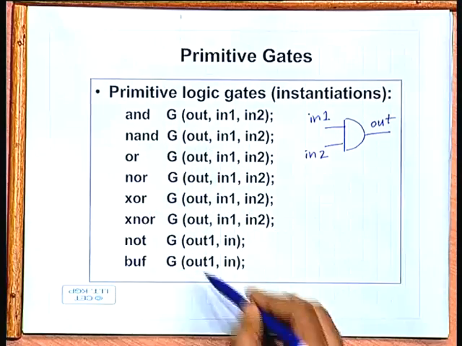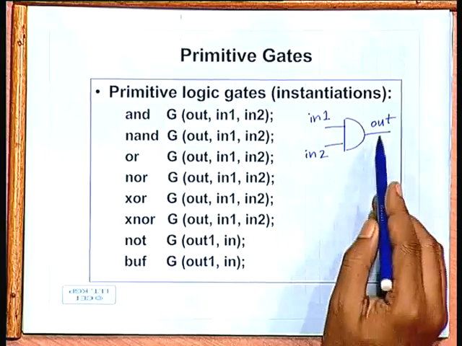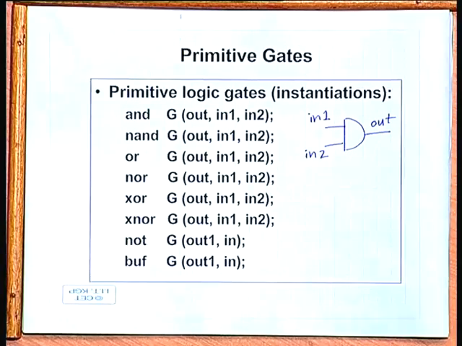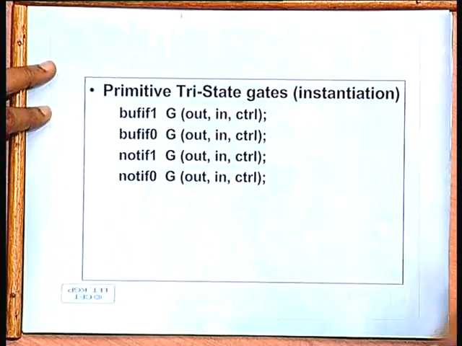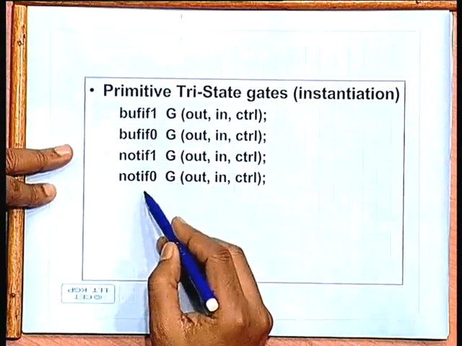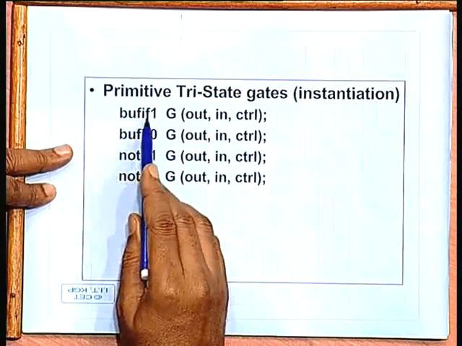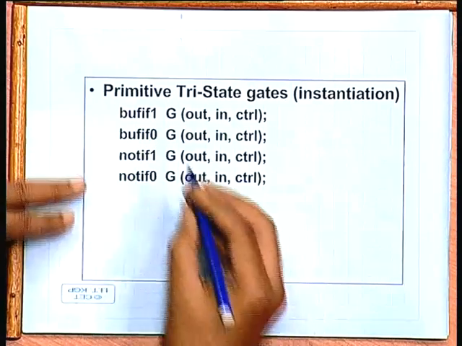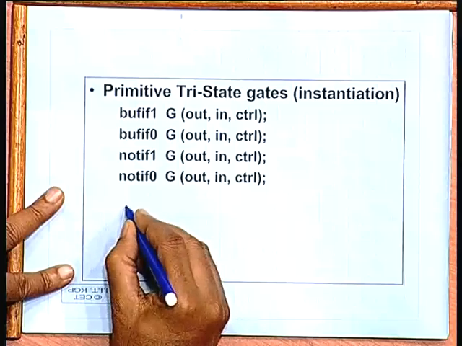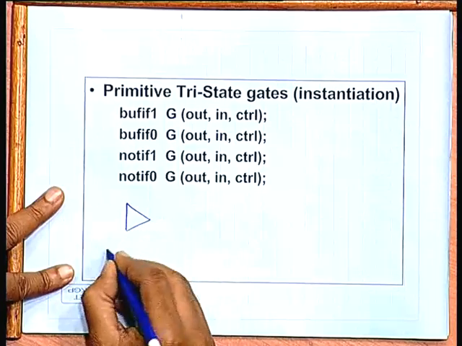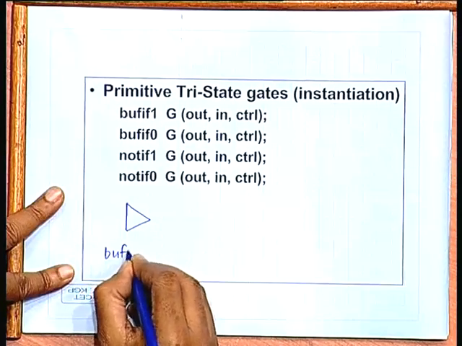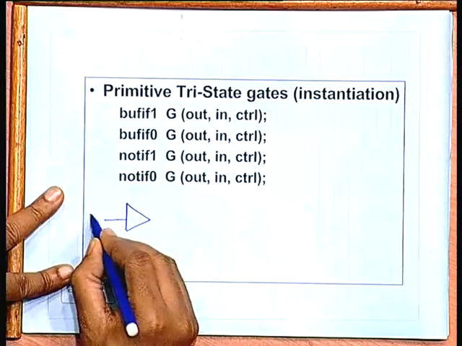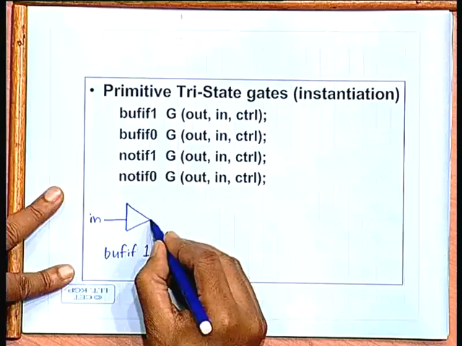These are the normal gates where the outputs are not tri-stated. In addition, you can have a set of tri-state buffers also, which you can use in your definition. There are 4 types: buff if 1, buff if 0, not if 1, not if 0. The meaning is like this. The first one, buff if 1, says that the input of this buffer is in, and this is a non-inverting buffer, so there is no inversion.